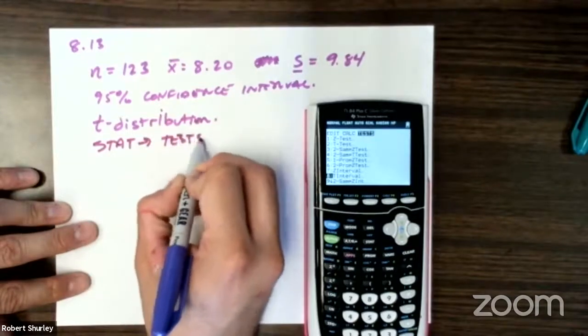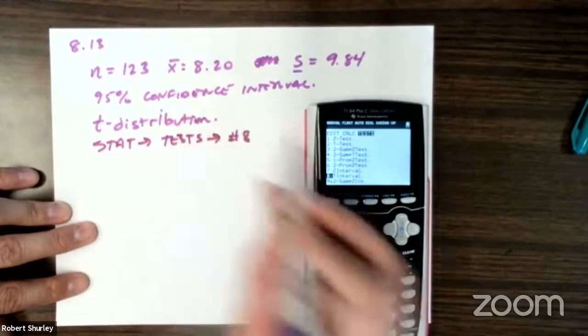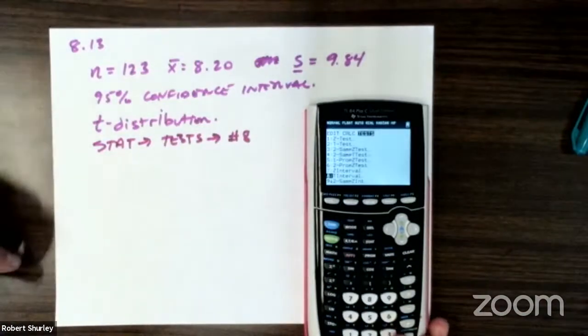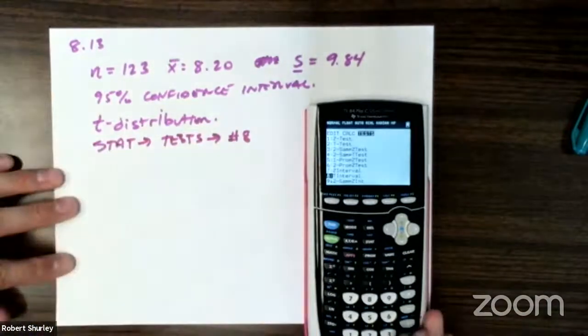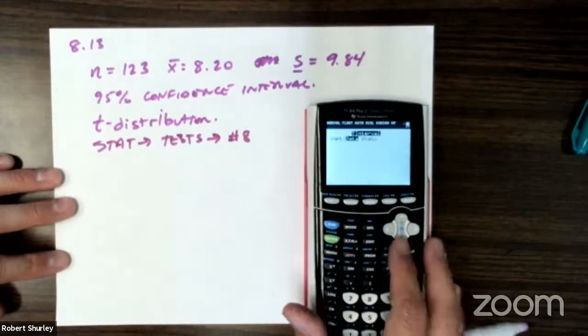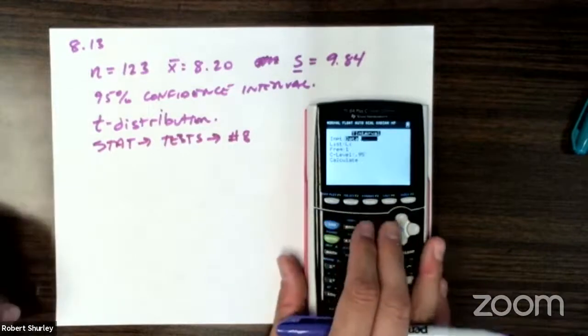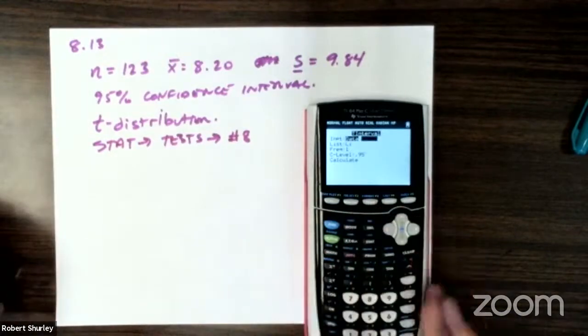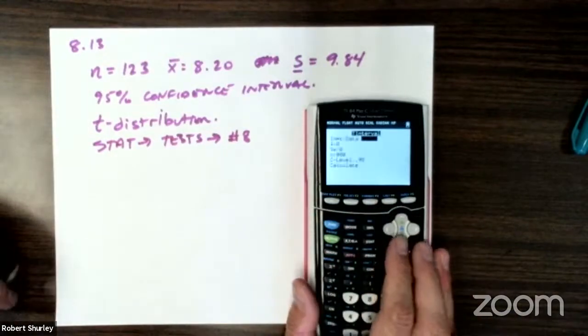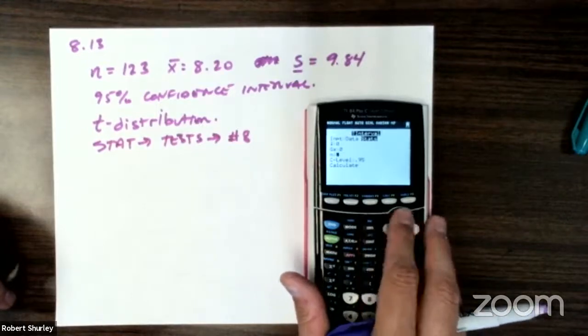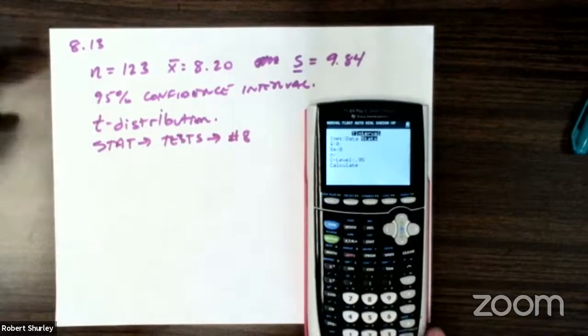The number 8 is going to be t interval, and it's a t interval because we're basing it off the t distribution and not the z distribution. Now I'm going to go over to stats. We're going to do one with the data set in a minute, but I'm going to go over to stats.